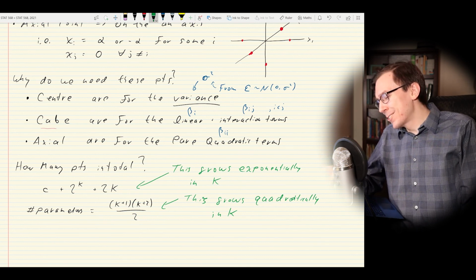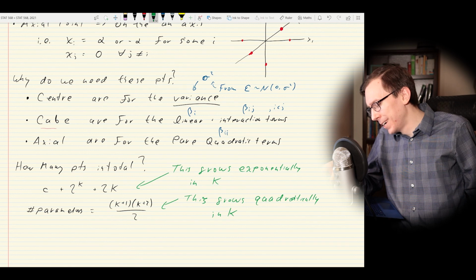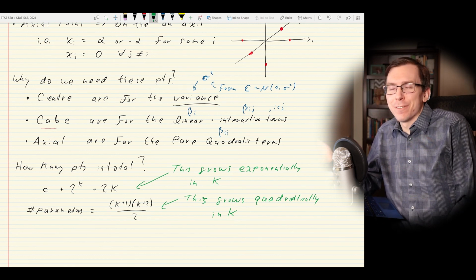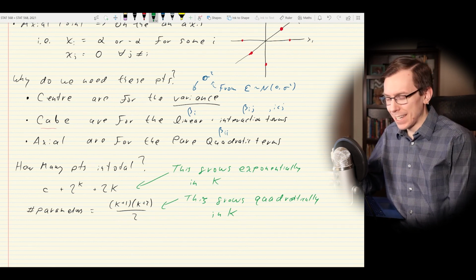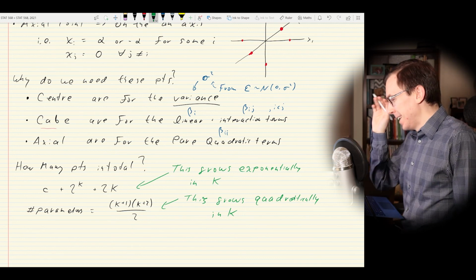But if we tried to fit this design here, we would have 2 to the 10, which is 1,024, plus another 20 on top of that, so 1,044, plus however many center points we decide to replicate, which is usually like 2 to 5.